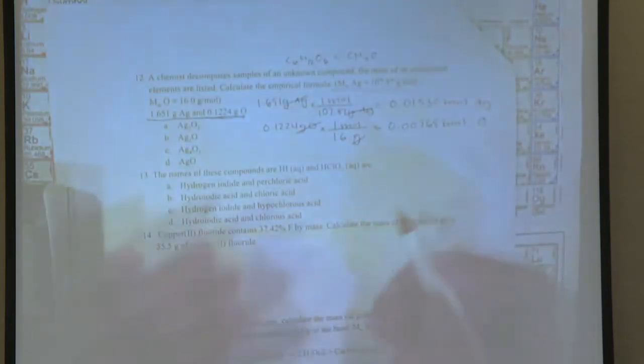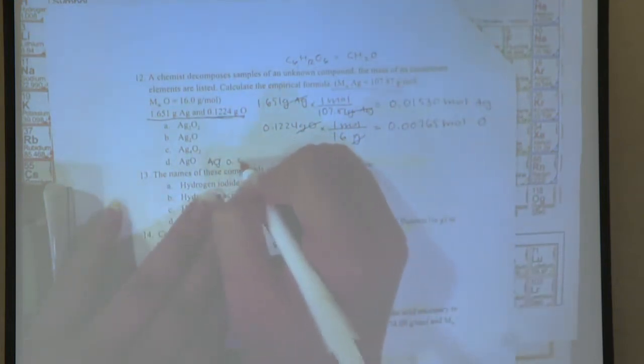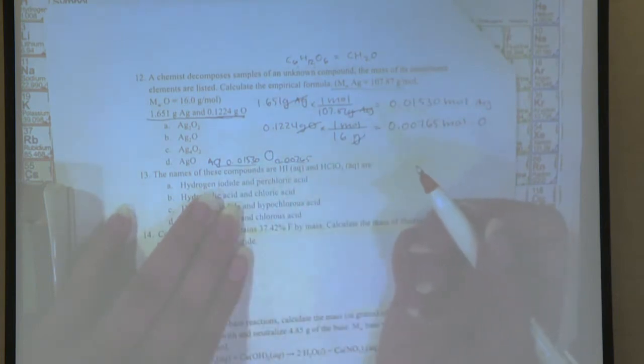So what does this look like right now? Right now we have Ag 0.01530, oxygen 0.00765. This isn't a super pretty looking empirical formula, so we're going to divide by our smallest number, which is this one, since it is smaller than that one.